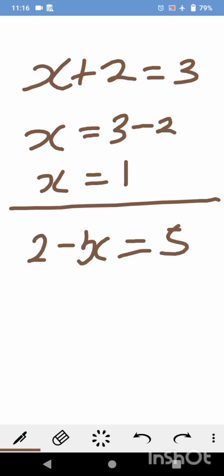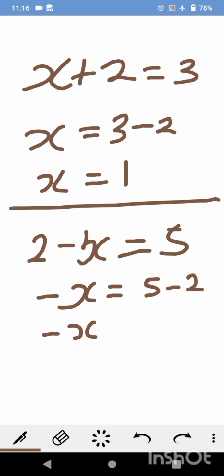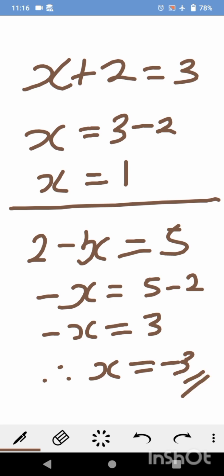What do we do here? Let's just follow protocols. Minus x equals 5 minus 2, and minus x is equal to 3, like we said before. Therefore, x must be equal to minus 3. We've discussed that earlier.